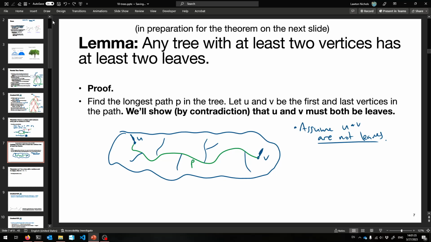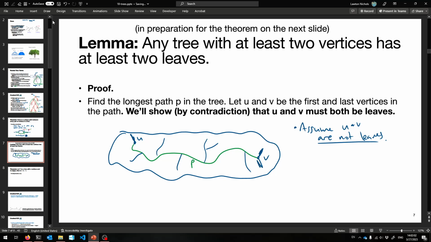There's no cycles, there's no getting at places that we've been before. If U and V were not leaves, then I can make a longer path, couldn't I? But I'm assuming that P is the longest path. You see that? That's the trick. If U and V were not leaves, then you could go towards a leaf in the U direction and the V direction, and that would extend the path, right?